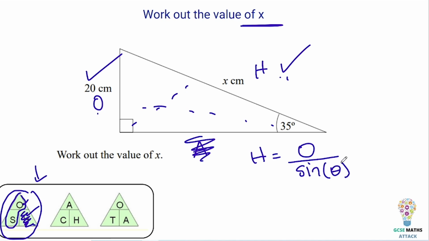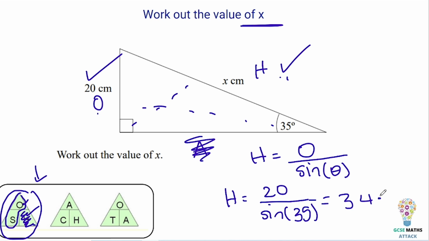I'm going to place that in brackets. So hypotenuse equals 20 divided by sine 35. And if I place that in my calculator, I should get 34.87 centimeters.